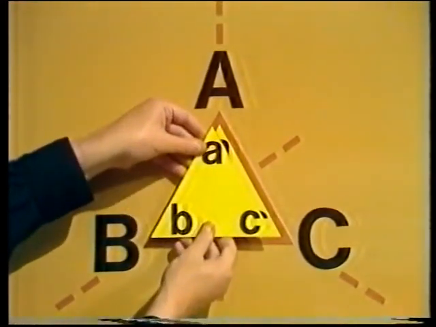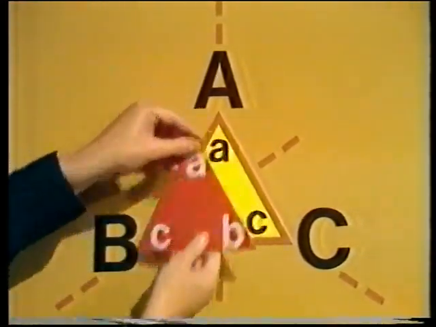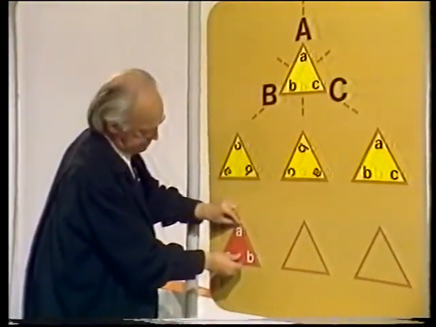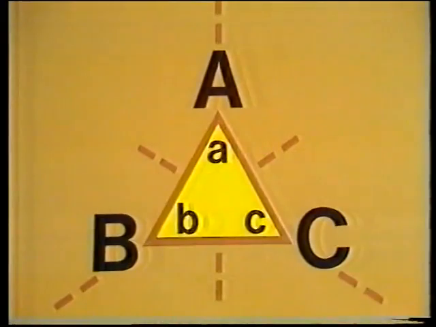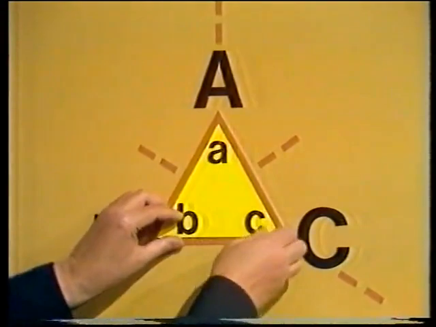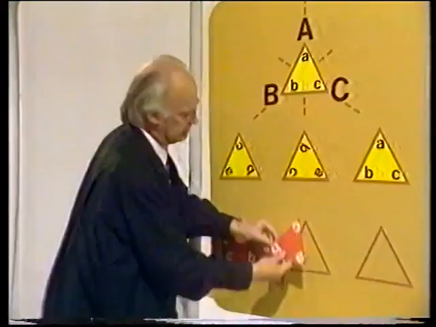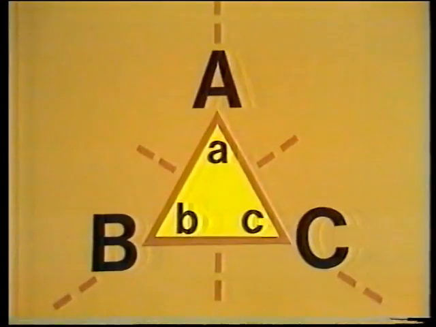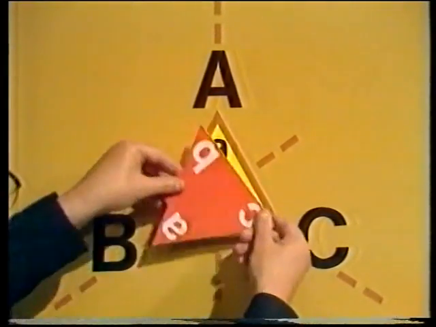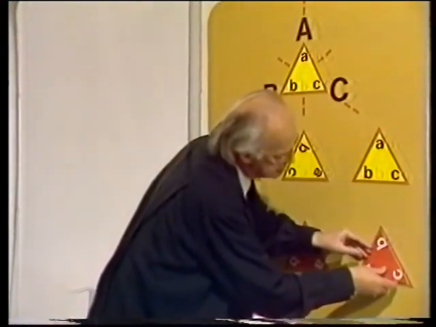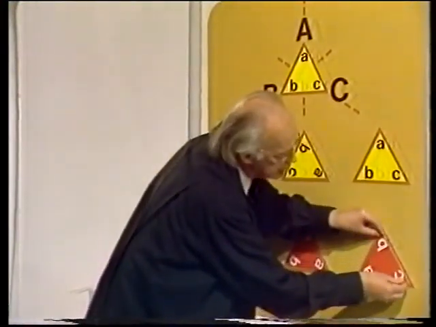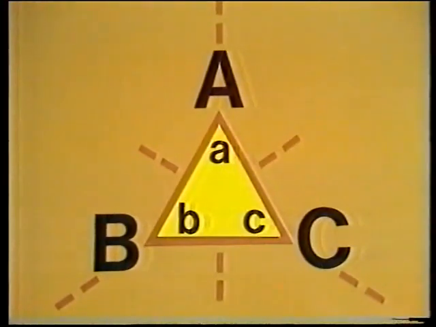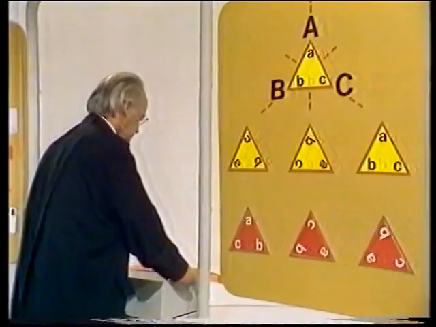So flip A, starting from that position, is that. Flip B, fairly obviously, is a flip about the B of the frame. Called FB. And lastly, flip C, flip about C of the frame. And that's the lot. Let's just put the names on.